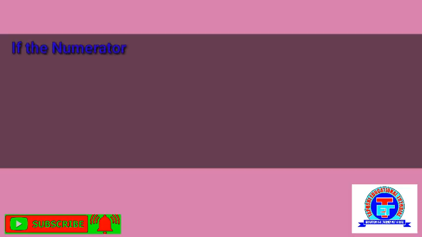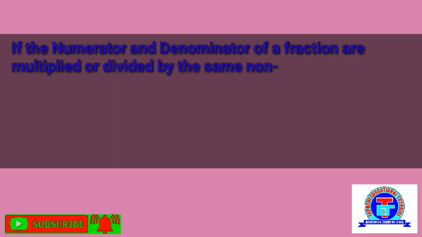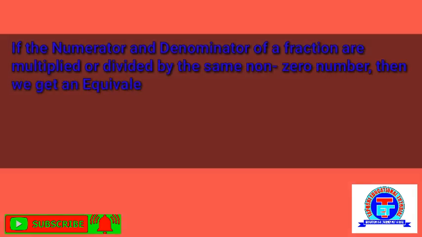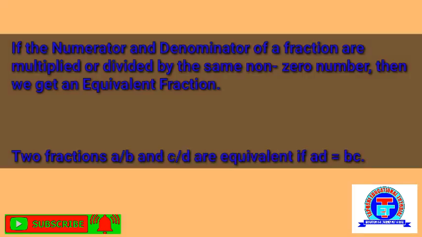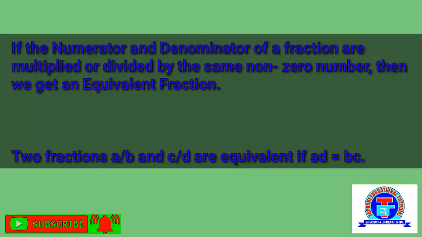If the numerator and denominator of a fraction are multiplied or divided by the same non-zero number, then we get an equivalent fraction. Two fractions a by b and c by d are equivalent if ad is equal to bc. Right? Hope student you clearly understand.